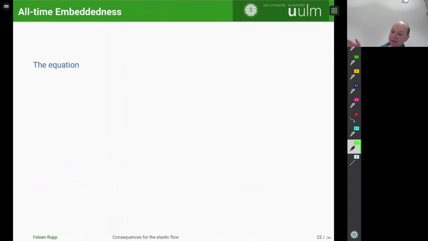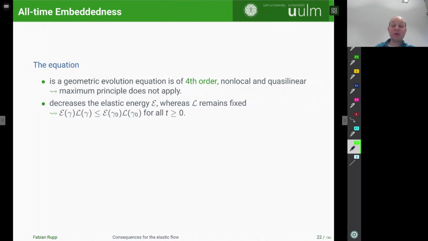Well, let me first say that this equation, despite being a one-dimensional PDE, is still a geometric evolution equation. It's fourth order, also non-local due to the integral nature of lambda, and quasi-linear, of course. But in particular, because it is fourth order, the maximum principle does not apply.